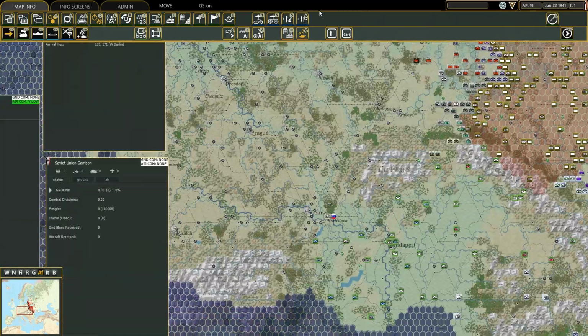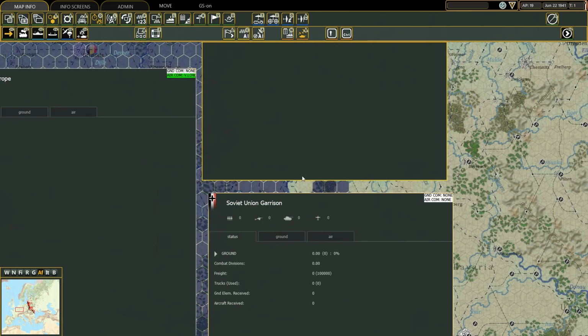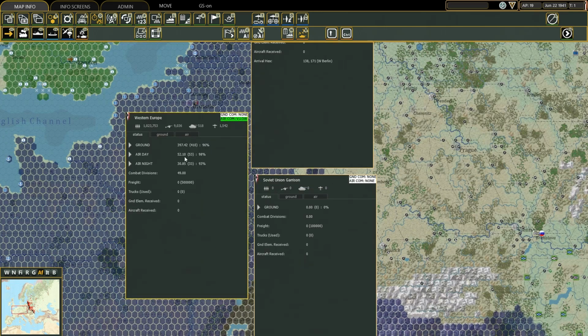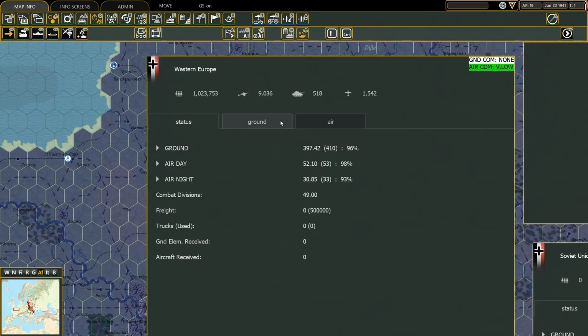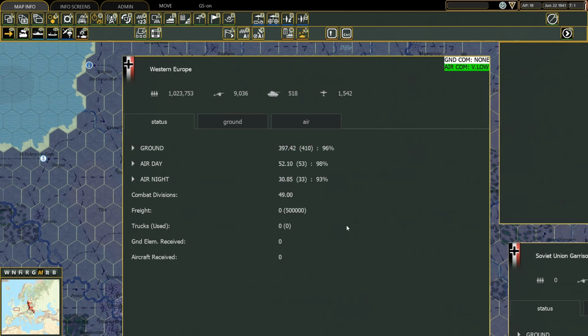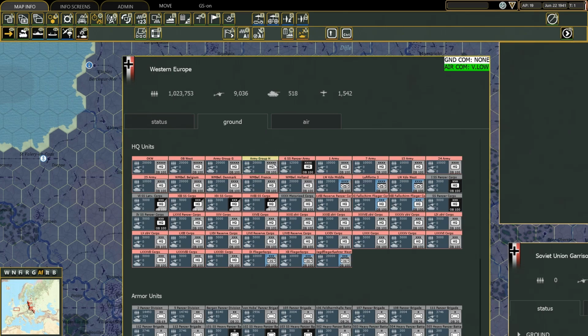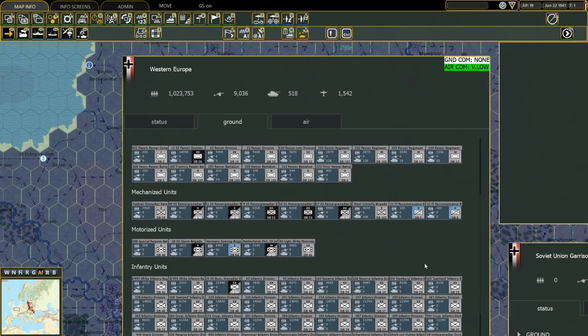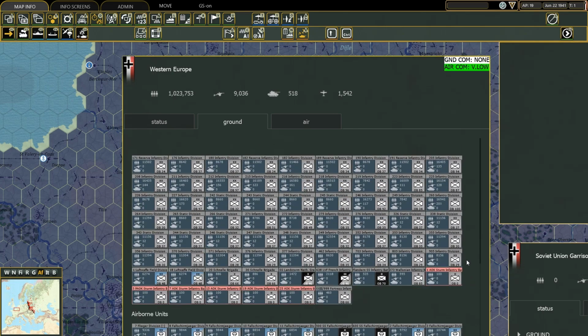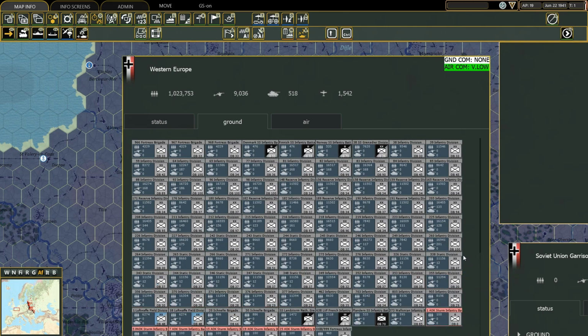And since I would also like to talk about reinforcements and movement between theater boxes, let's see if I can do it already from the editor.